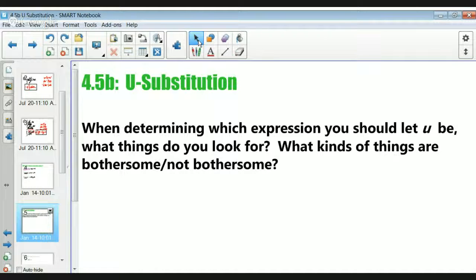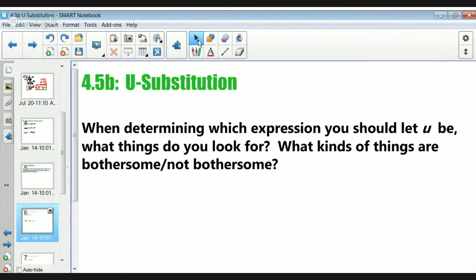Some of the things I want you to remember are not bothersome are coefficients, right? If you have an extra coefficient, whether that's a pi or a 3 or just a -1, those kinds of things are not bothersome. If when you differentiate you get an extra variable that was not in your expression, then that could be bothersome, all right? But coefficients, we can deal with those very easily.